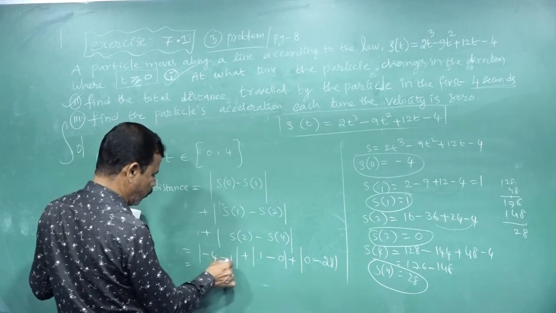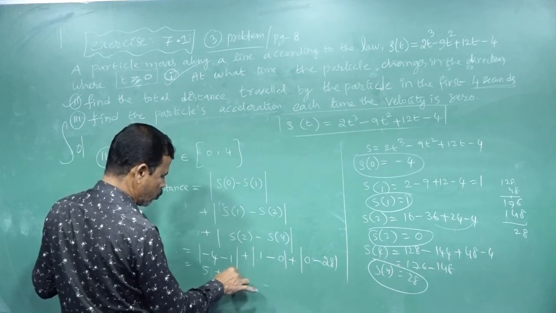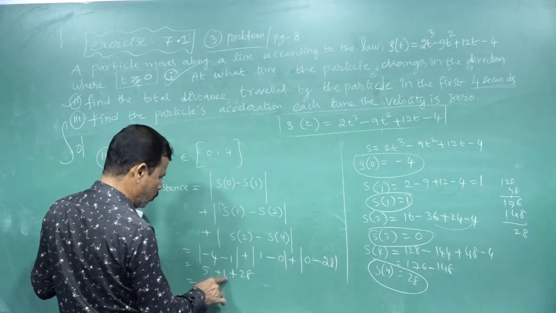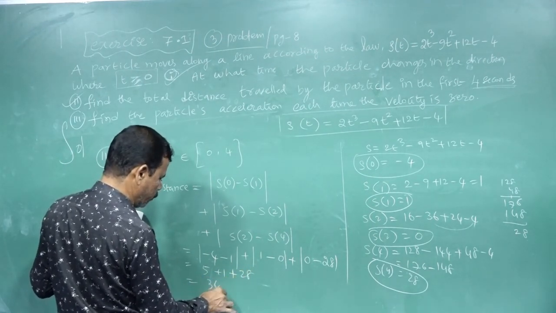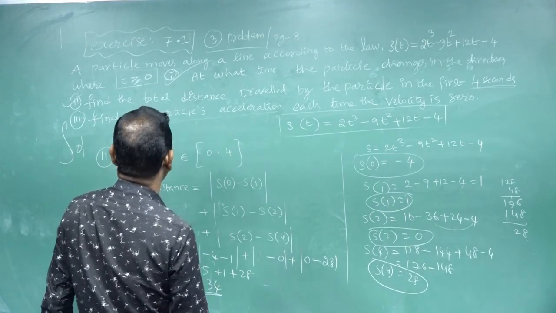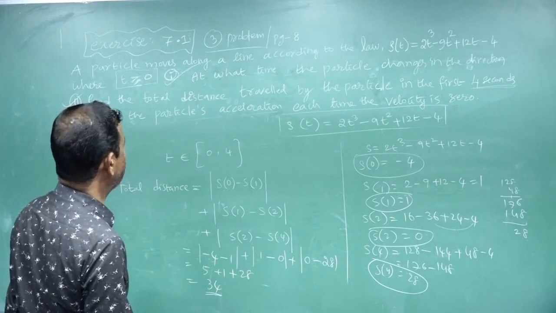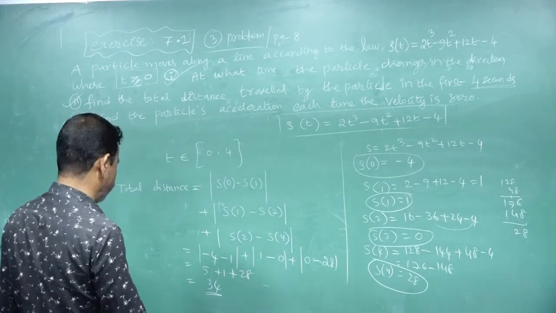So this is modulus of minus 5, which is 5, plus 1, plus 28, equal to 6 plus 28, 34. Total distance 34. Distance units are not mentioned here, time is mentioned only as 4 seconds. So 34 units.